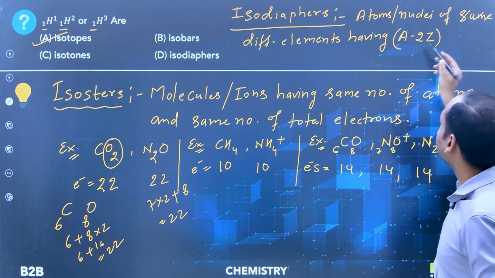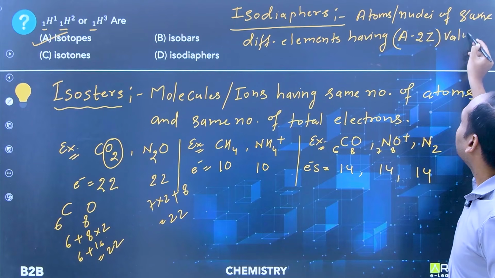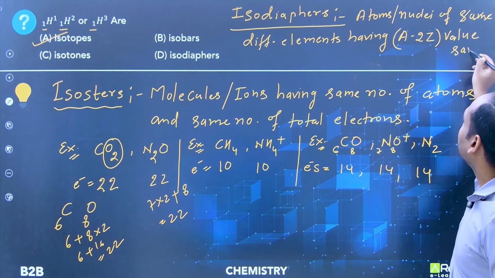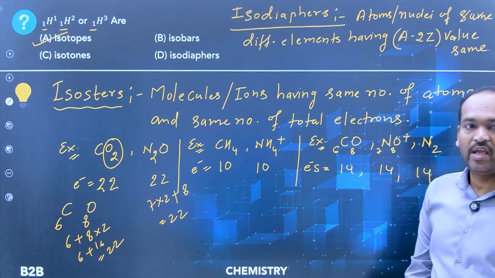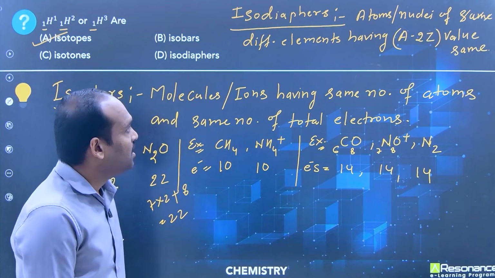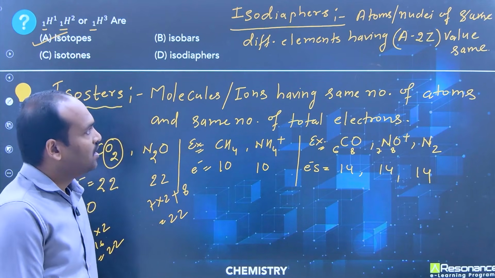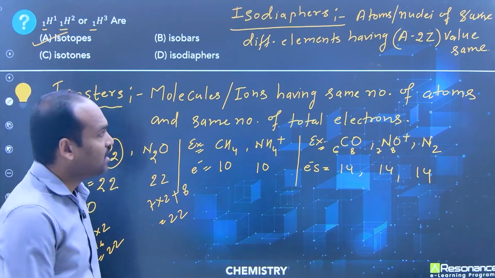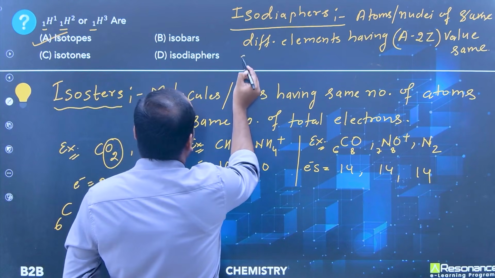Having the same A minus 2Z value, they are known as isodiaphers.